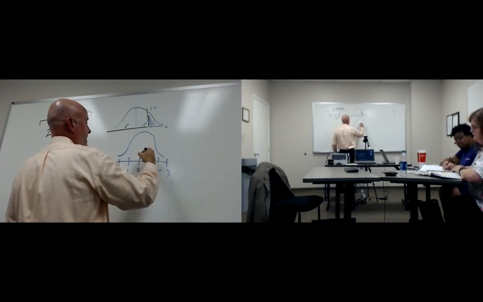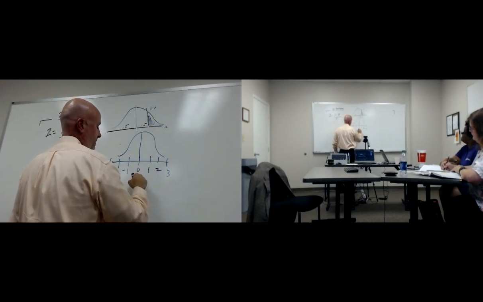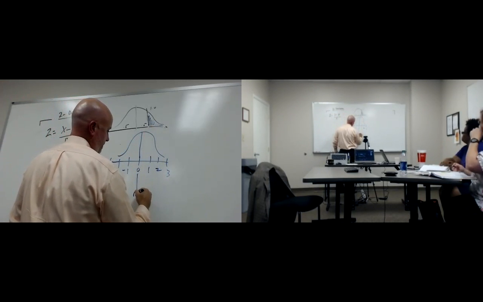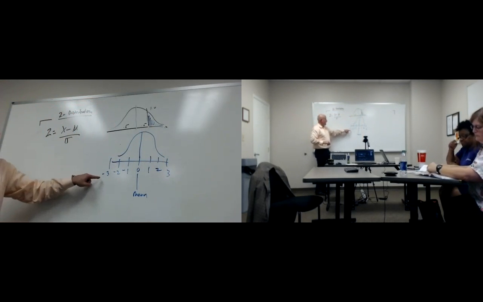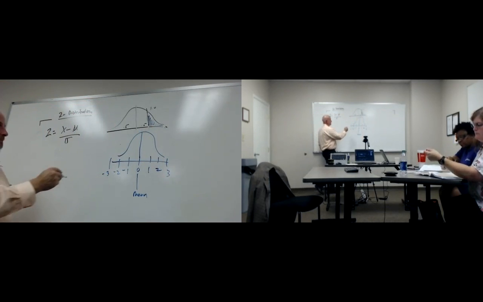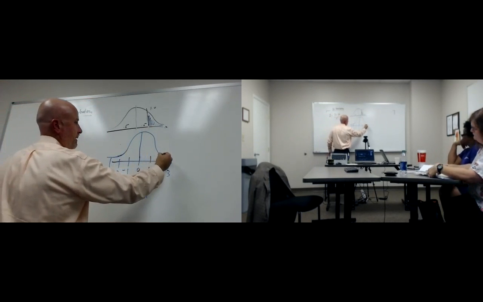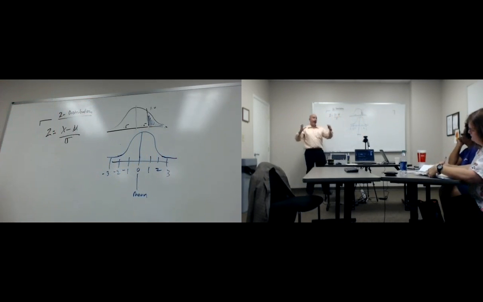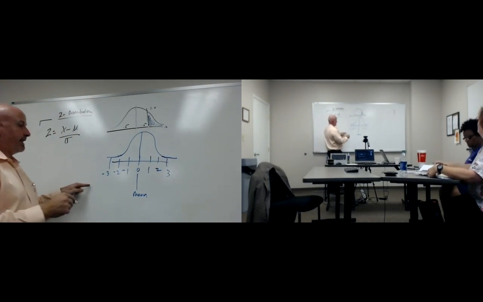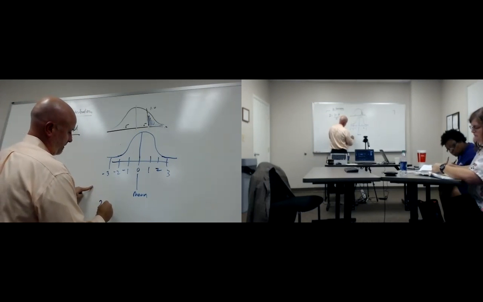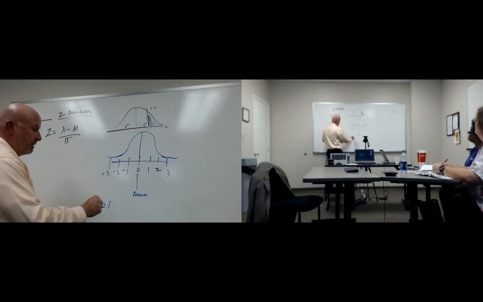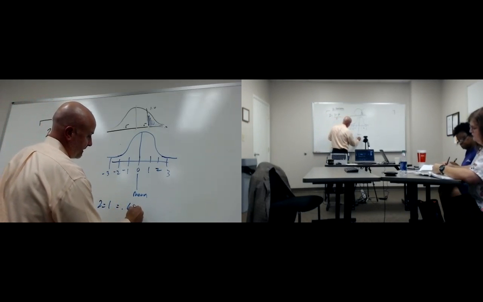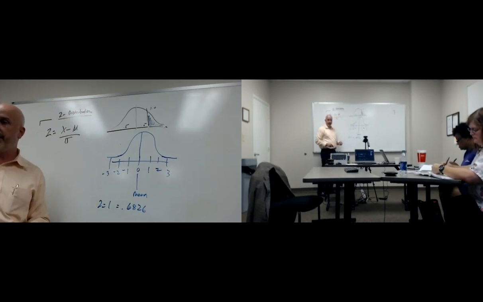And remember, what's at this level right here? The mean. And we're going to be measuring distributions out from around the mean. So when z is equal to 1, we get what? 0.6826.